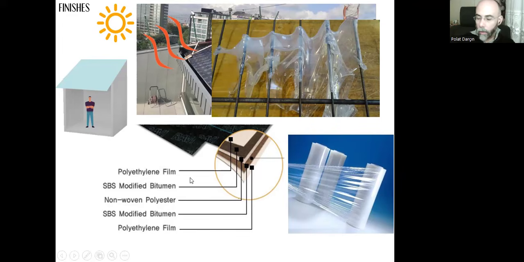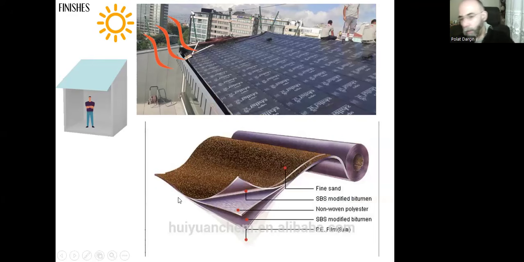They are not covering the whole surface with polyethylene film. Instead, we can prefer fine sand. As you can see, the lower layers are the same. We have the modified bitumen layer, non-woven plaster as the base, and a second layer of modified bitumen, either SBS modified or APP modified.